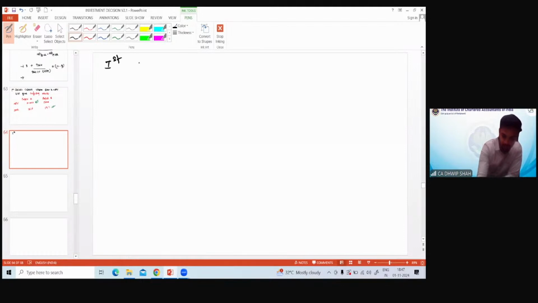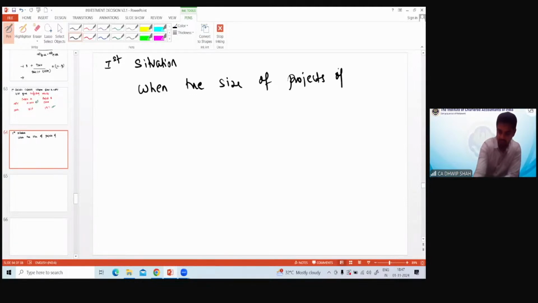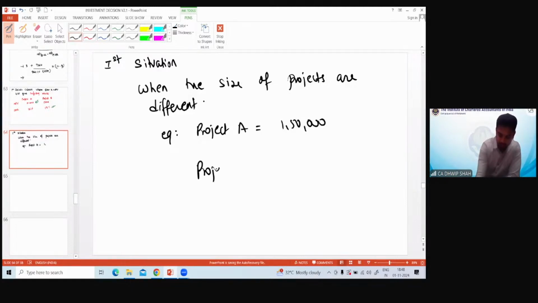The first situation is when the size of projects is different. What do you mean by size? The example is, let's say Project A's investment required is 150 and on the other end Project B's investment required is 6 lakh.